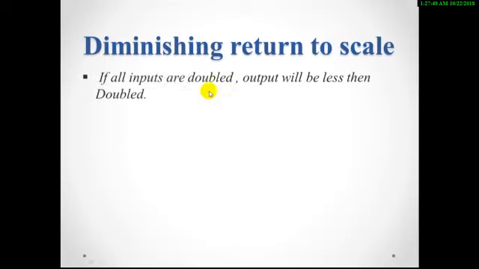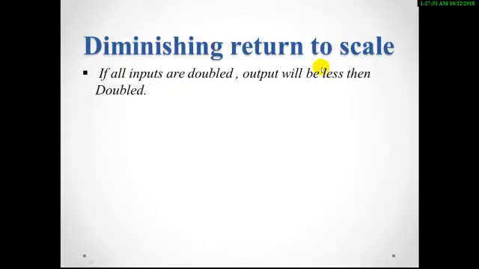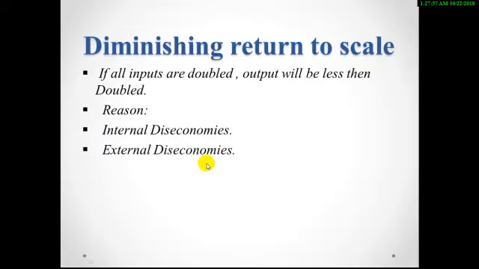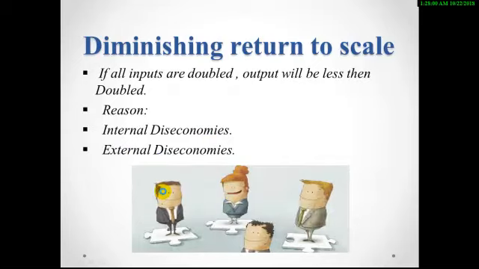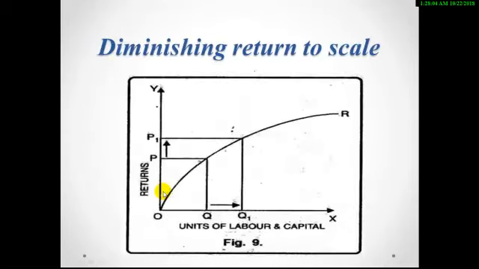Diminishing return to scale. If all inputs are doubled, output will be less than double. Reason: internal diseconomies, external diseconomies. In this graph, you can see that OX represents the units of labor and capital and OY represents the returns.